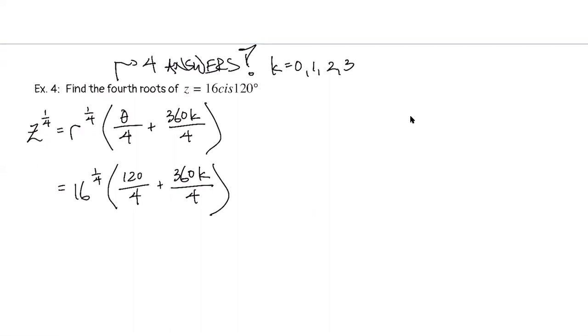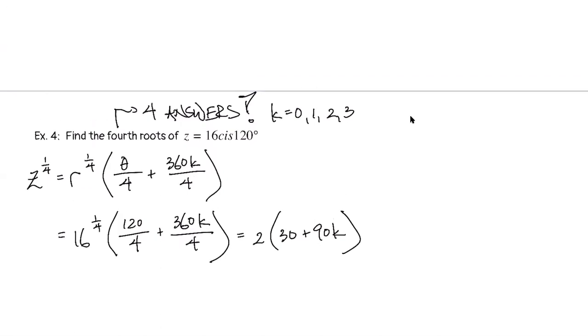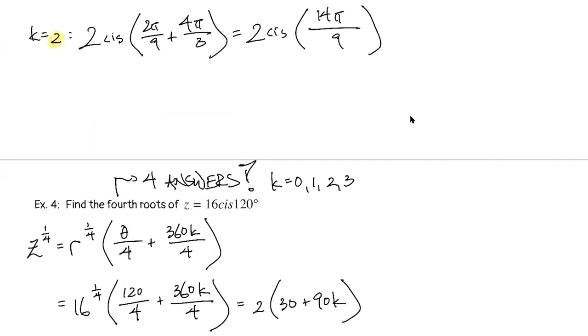And we could certainly simplify this. It's a little bit easier to simplify with degrees, but this would be 2 times 30 plus 90k, right? And from here, we just gotta plug in 0, 1, 2, and 3 for our k values. And I realized I forgot the cis, sorry.